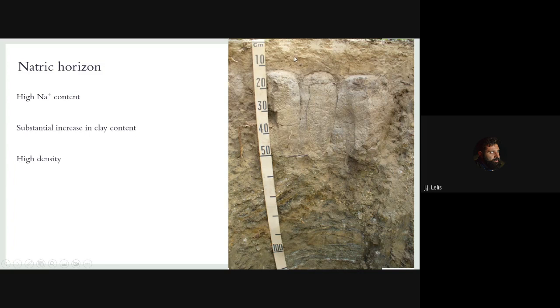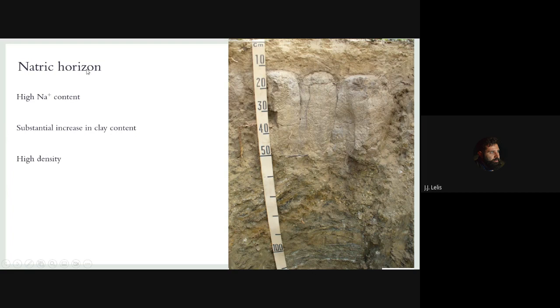So the natric horizon possesses an increase of clay content in the subsurface horizon due to the high content of sodium. This migration of clay is quite related to the sodium content because sodium destroys the stability of peds, and once they are destroyed, rain and water could bring clay from the surface horizon to the subsurface horizon.